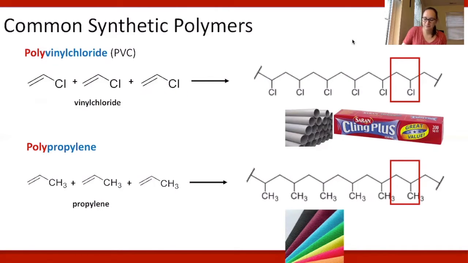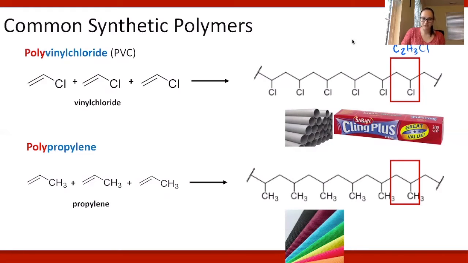And then you'll see that we connect the same molecule. So in this box here, you see that you have C2H3Cl is your monomer unit, and they're connected into the polymer.